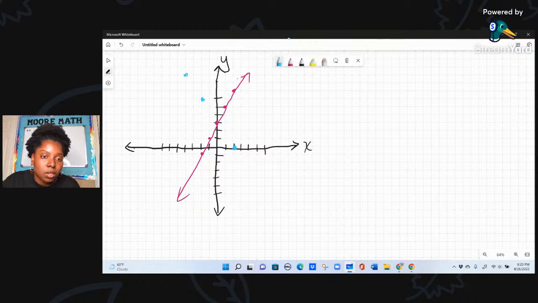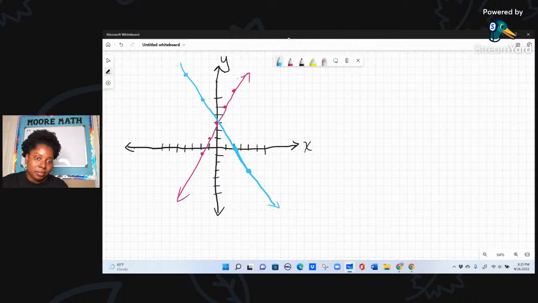2, 3, and 2. Okay, so now let's connect these dots. Again, Miss Moore cannot draw. That was really bad, y'all. I don't know why they make me draw these things. Okay, there we go.